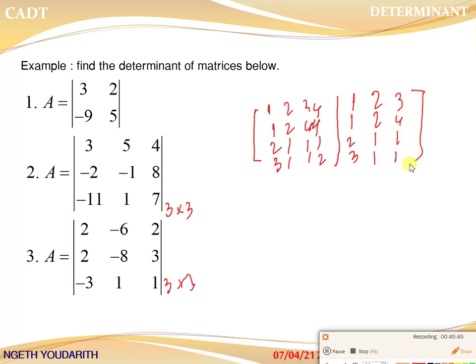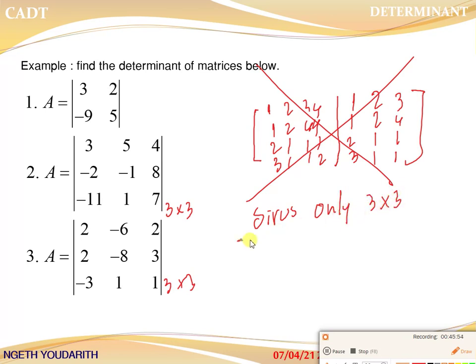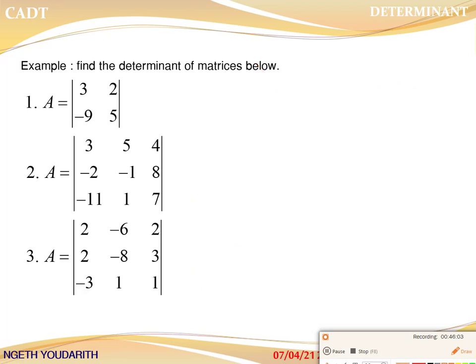We cannot do it at this point. Only 3 by 3. If we have 4 by 4, we can use another approach to find this. But this one we cannot.